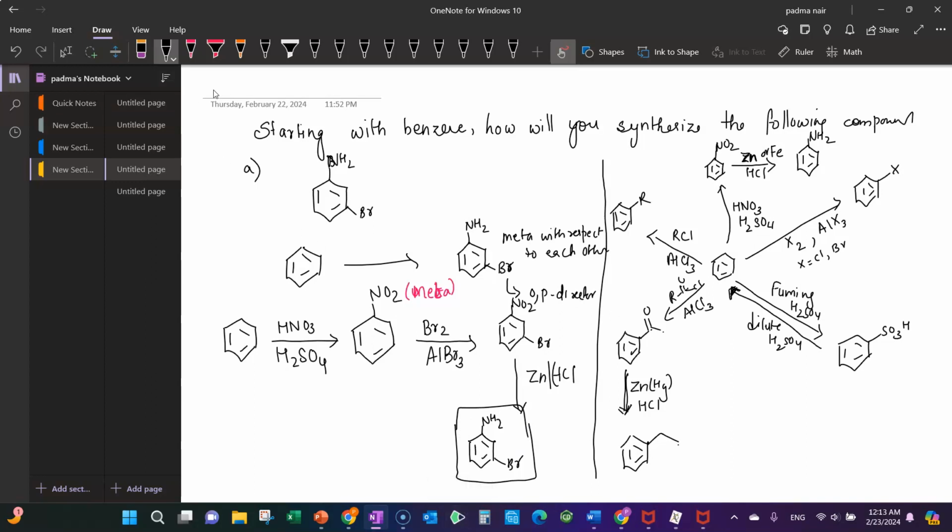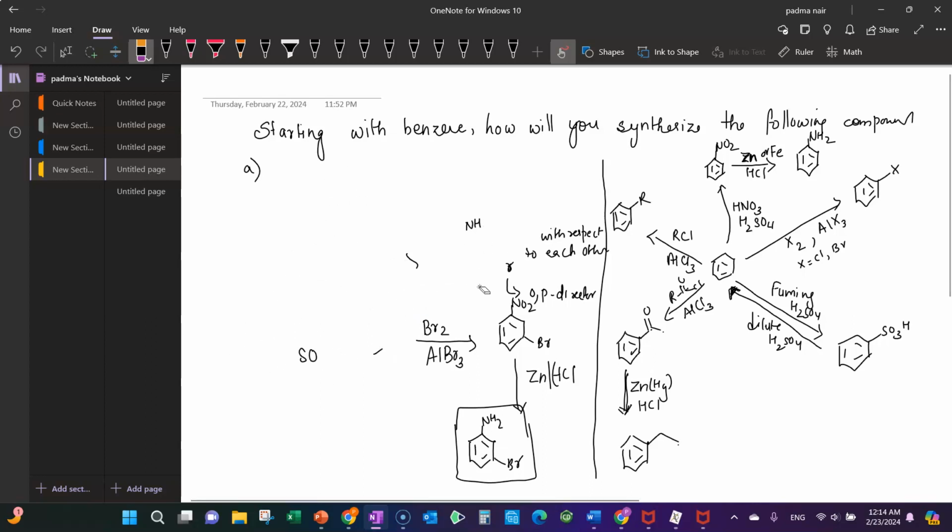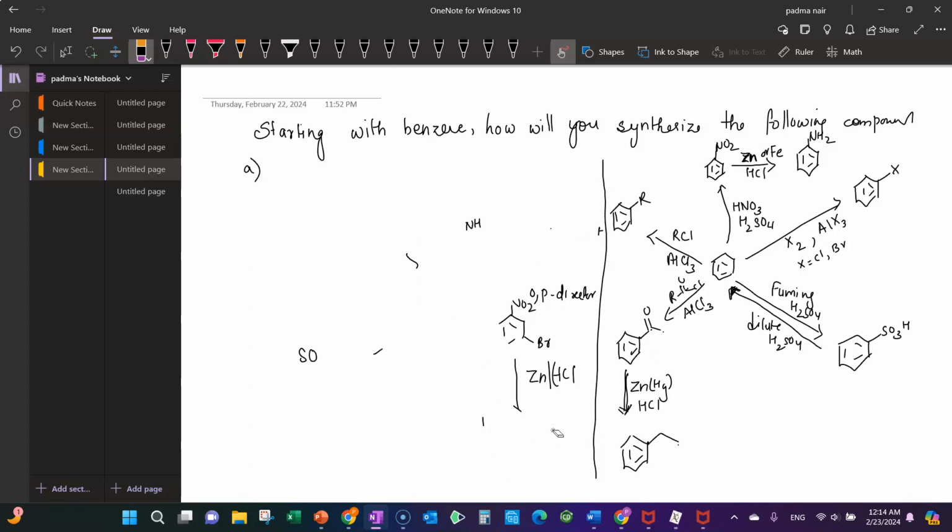Okay. Another reaction would be, let's take another example, but I would like to erase this and do it over here. Okay, so that we can keep on using this summary chart that we have drawn. Okay, we will need that at least till you know what reagents to use.